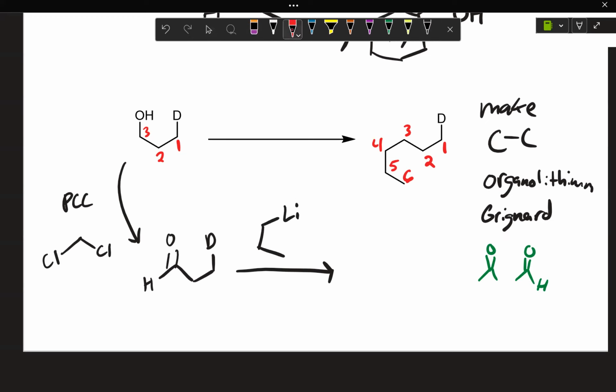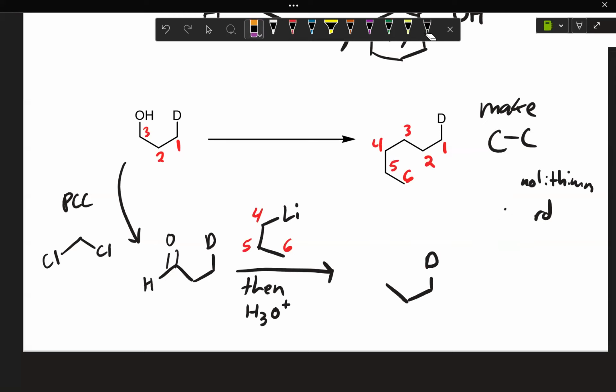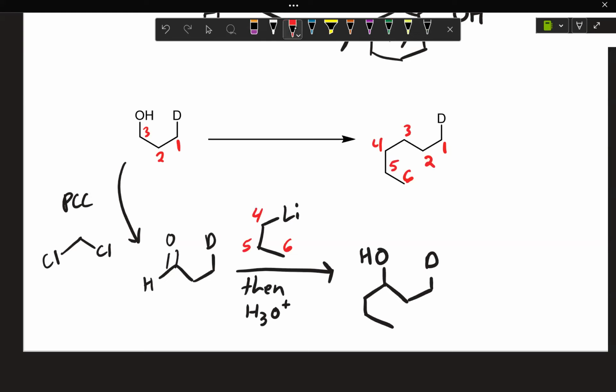So let's add on carbons 4, 5, and 6. And then we're going to need an acid quench. And then what this is going to create is it's going to allow us to add on those carbon-carbon bonds. So 1, 2, 3, 4, 5, 6. We number.